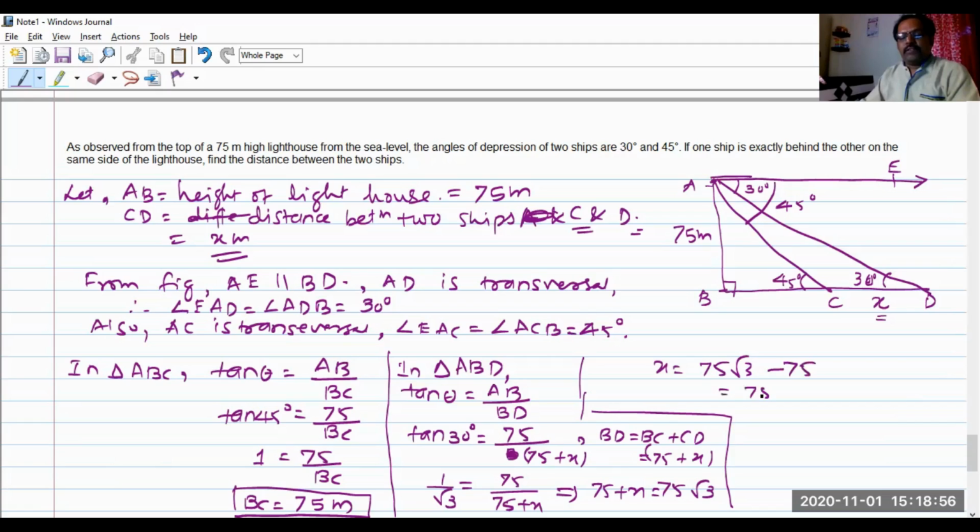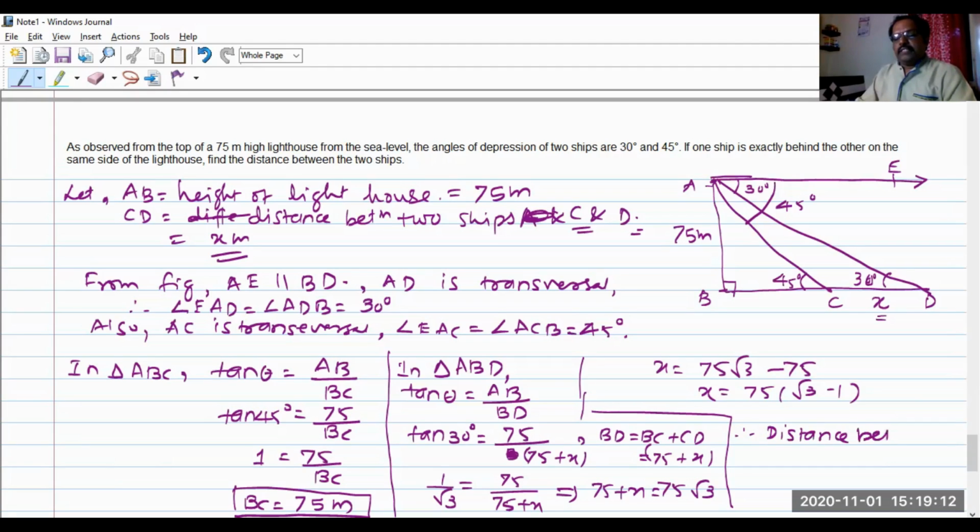Taking 75 common, x is 75 times root 3 minus 1. And what is that x? It is nothing but the distance between the two ships. Hence the distance between the two ships is 75 times root 3 minus 1 meters. So that is our required answer.